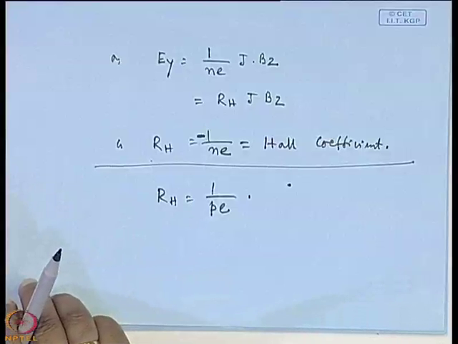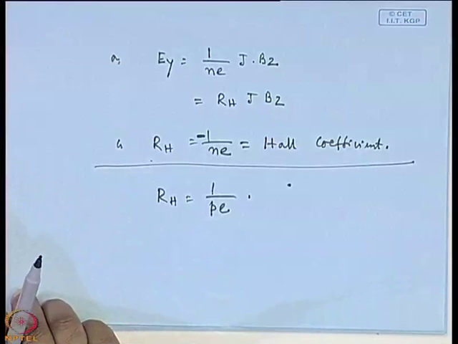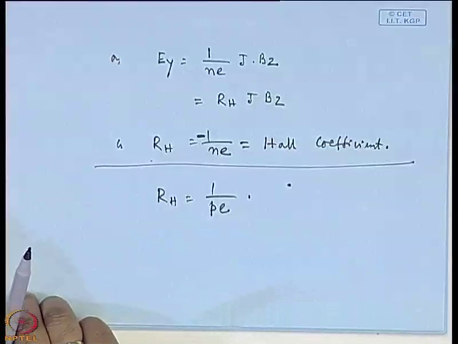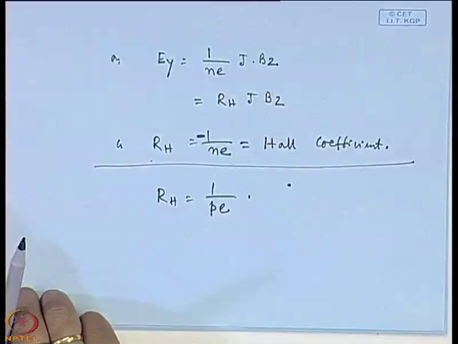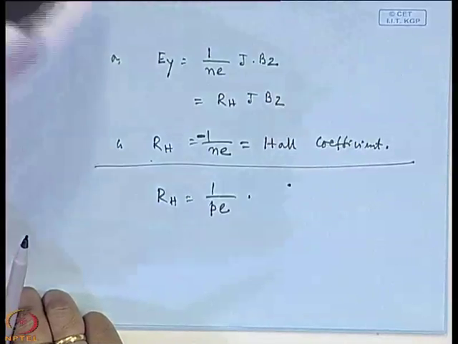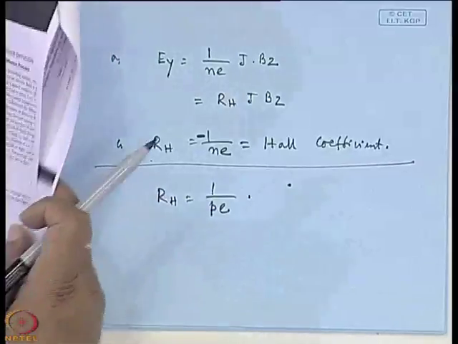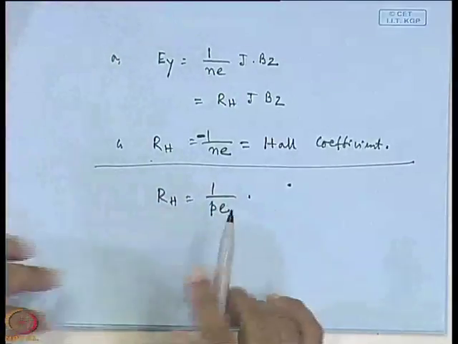Its value, R_H, is plus 3.4. This is due to band theory of solids, we are not going to consider that.